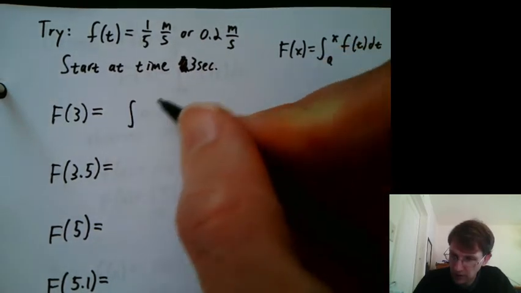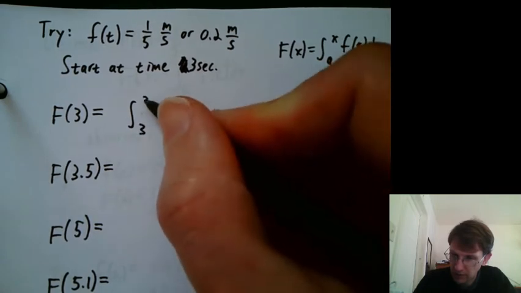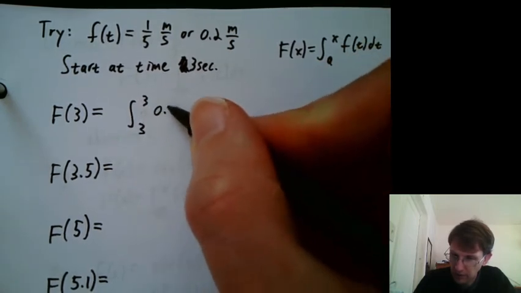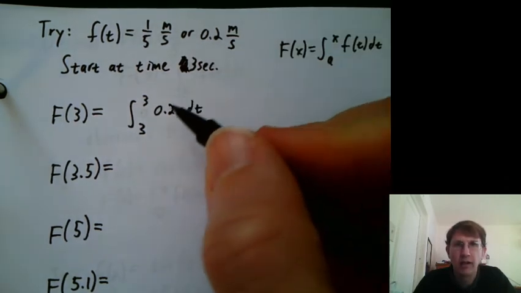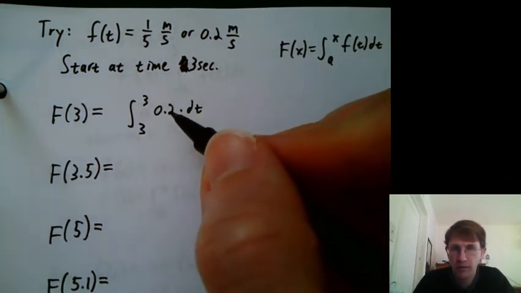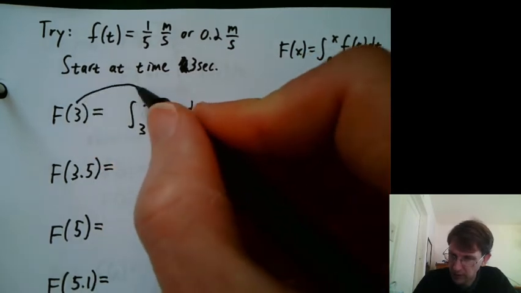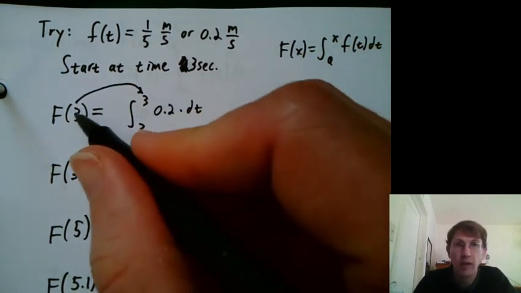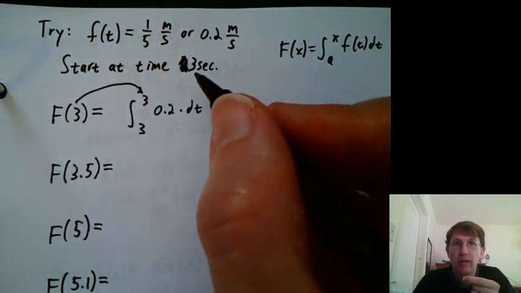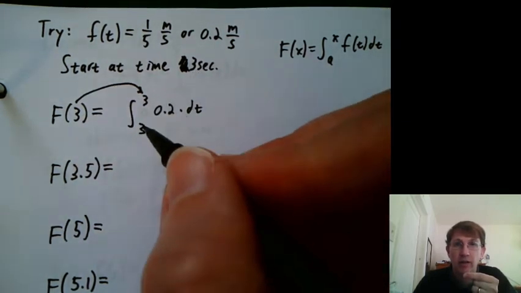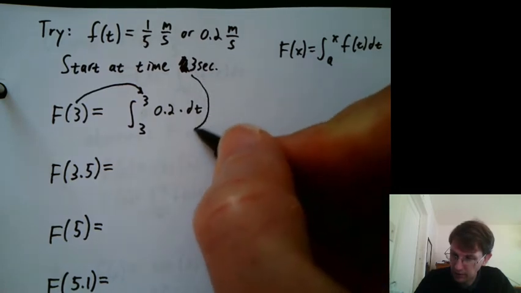It would be the integral from 3 to 3 of 0.2 dt, and that seems a little silly, but those 3's are coming from different places. This 3 is our ending time, and this 3 is our starting time, so that's our a value.